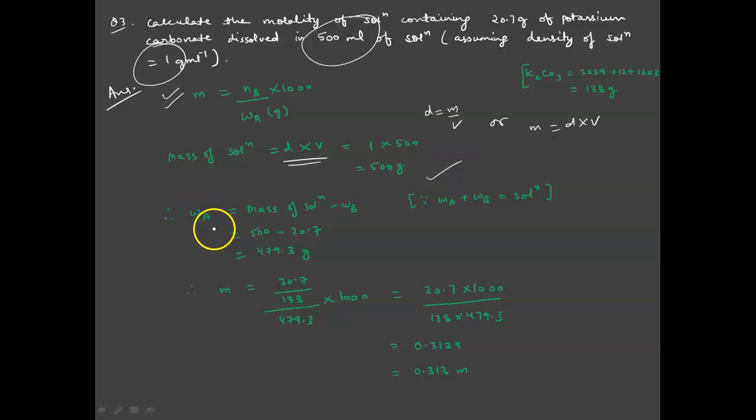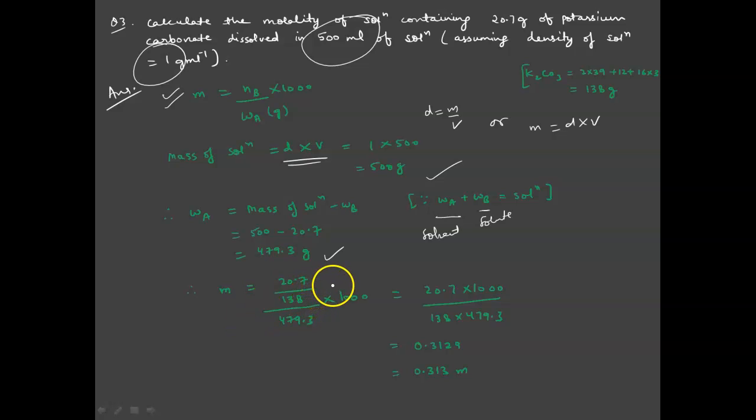So WA, what is the mass of WA? You know that solution mass is equal to the mass of solute. This is solute and this is solvent. WA plus WB is equal to solution. Now WA equal to mass of solution minus WB. That comes out to be 500 minus 20.7, 479.3 gram. Putting all these values in molality formula.